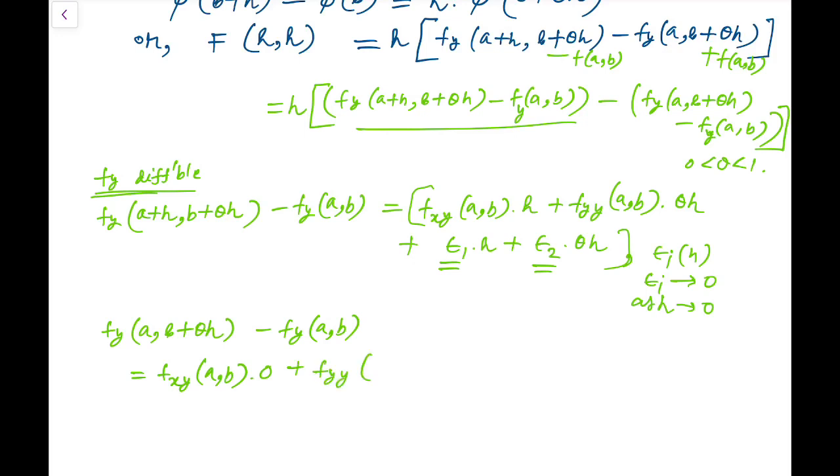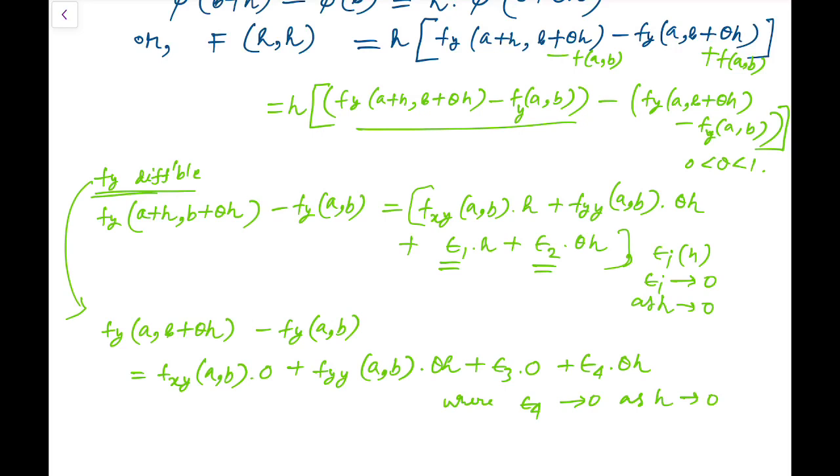What comes second? fyy at a comma b into the change in y coordinate, that is theta h, plus epsilon 3 into 0 and epsilon 4 into theta h, where epsilon 4 is a function of h and goes to 0 as h tends to 0, right? Because fy is differentiable, same reason, applying the formula.